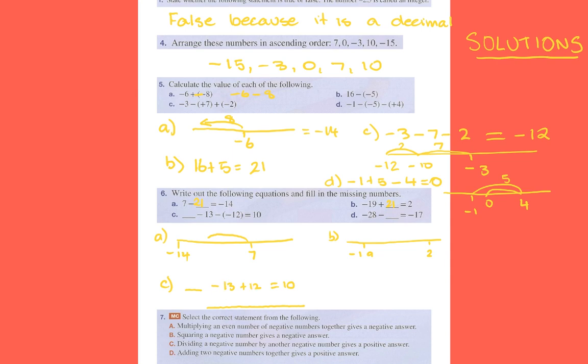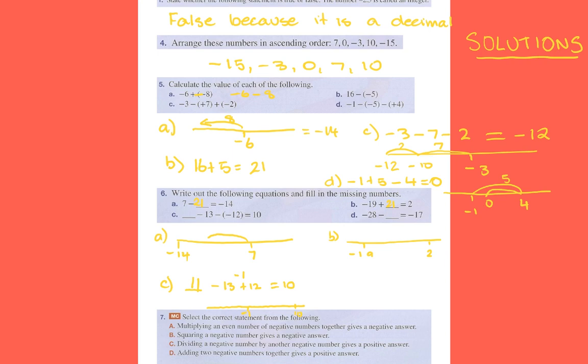Negative 13 plus 12 gives us negative 1. Something minus 1 equals 10. $11. So the answer to that is 11.